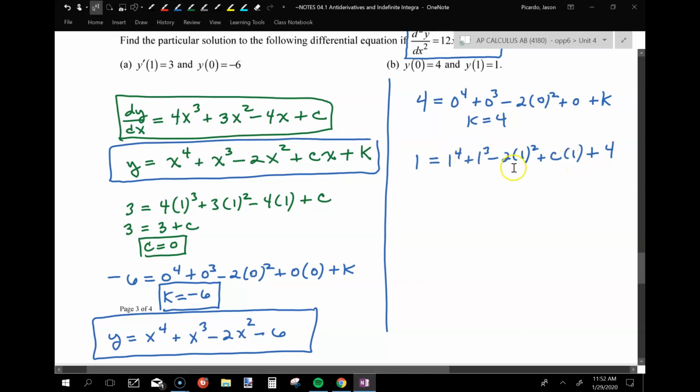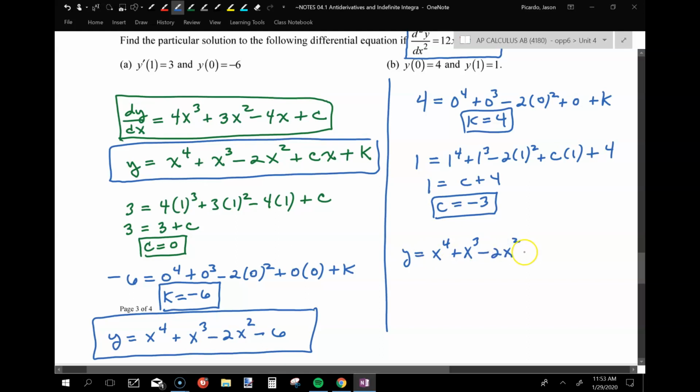Well, that's 2 minus 2, so that's 0. So 1 equals c plus 4. So if I have those values, then using this problem, the solution would be that.